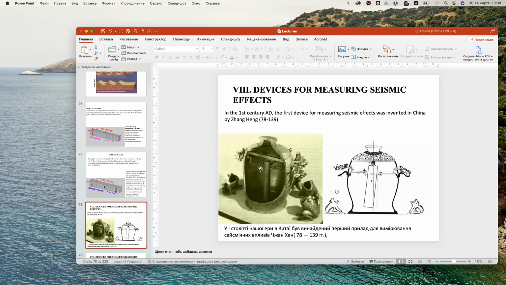And when this hanging element moves, we can see that it is connected with dragon heads.